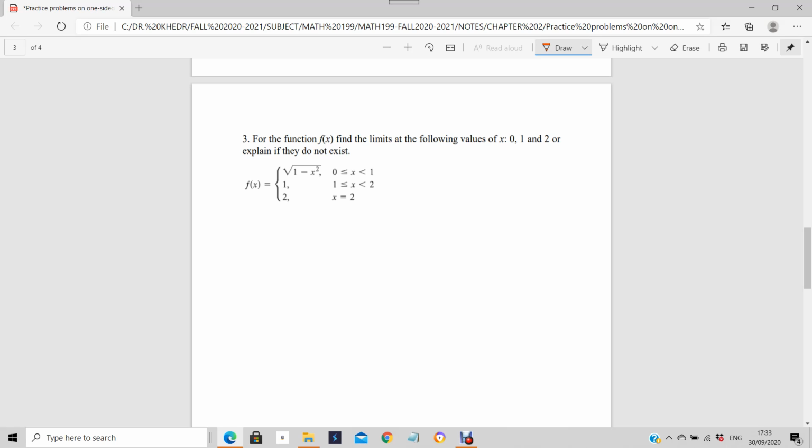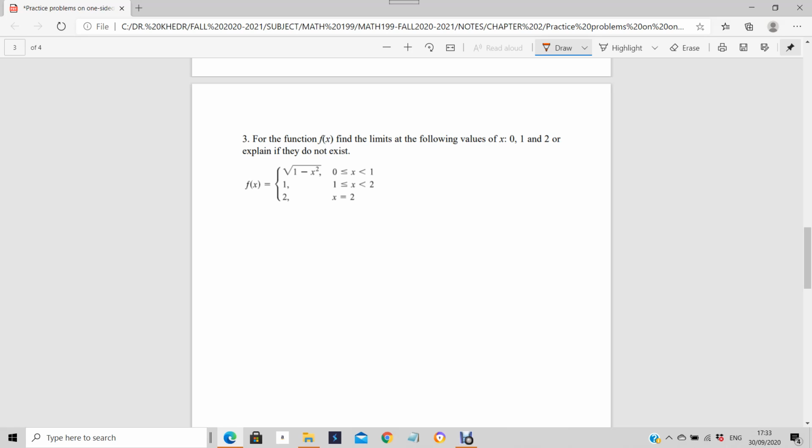So f of x will be equivalent to square root of 1 minus x squared if x is greater than or equivalent to 0 and less than 1. And the value of the function will be 1, means y equals 1, if x is greater than 1, less than 2, and the value of the function y equals to 2 when x equals to 2.